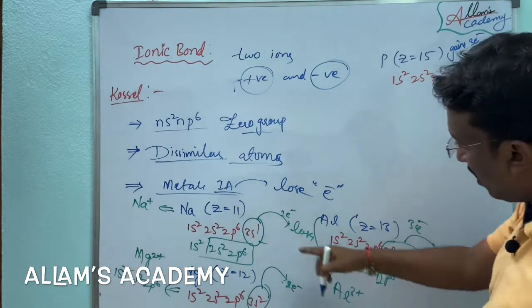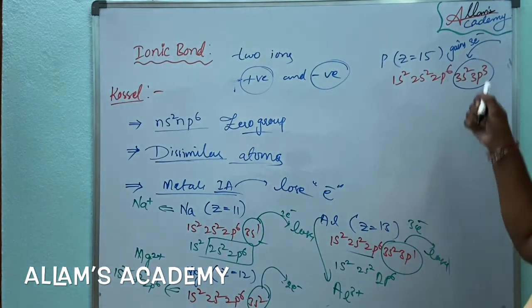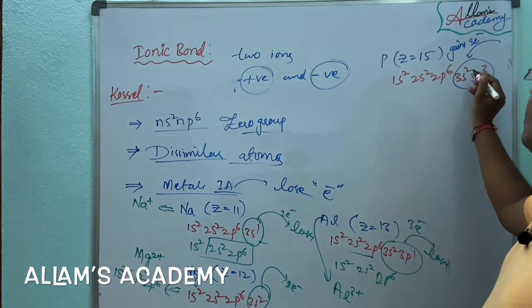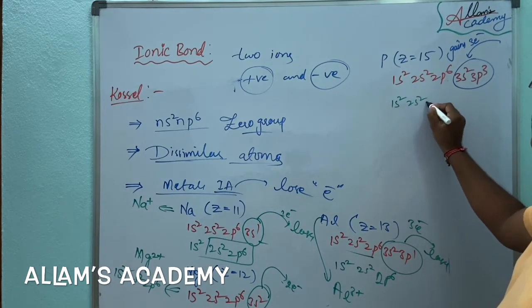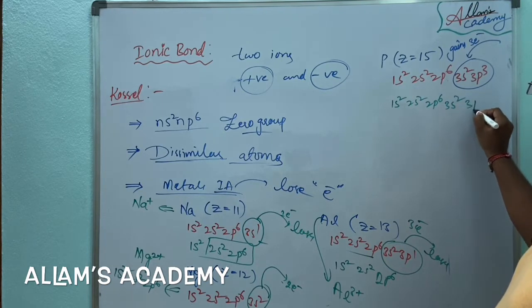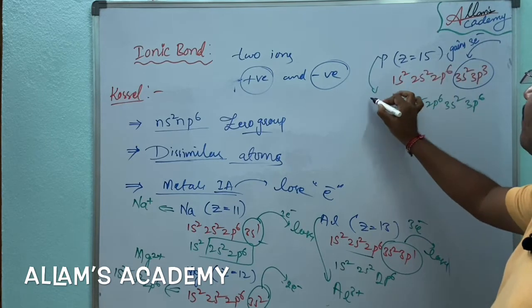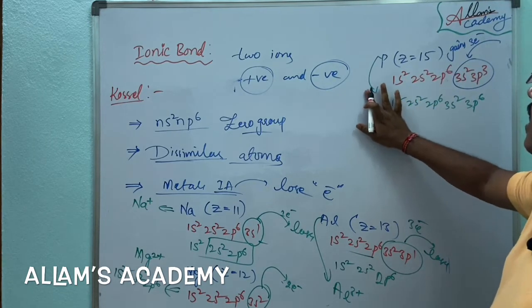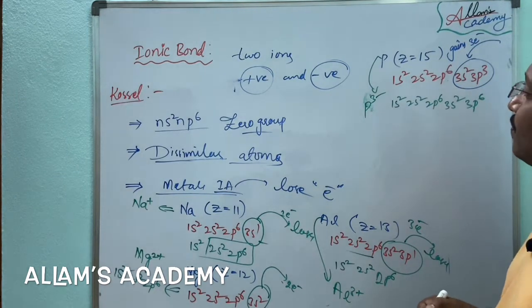Here the metals are losing, but here it gains 3 electrons, and to get the stable configuration 1s2, 2s2, 2p6, 3s2, 3p6, it becomes a tri-negative ion.